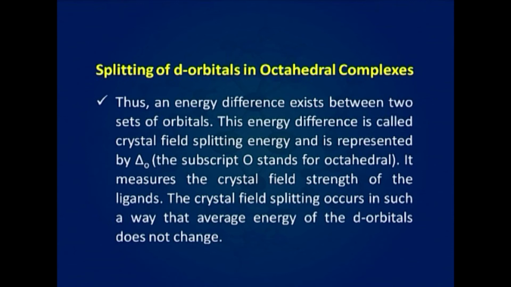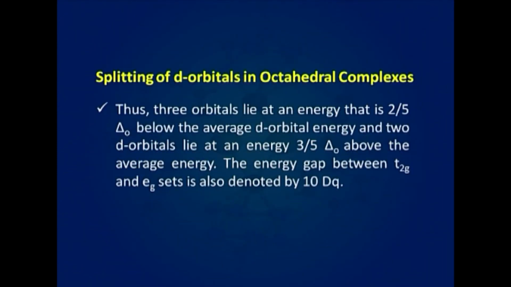The crystal field splitting occurs in such a way that average energy of the d orbitals does not change. Thus, 3 orbitals lie at an energy that is 2 by 5 delta O below the average d orbital energy, and 2 d orbitals lie at an energy 3 by 5 delta O above the average energy.